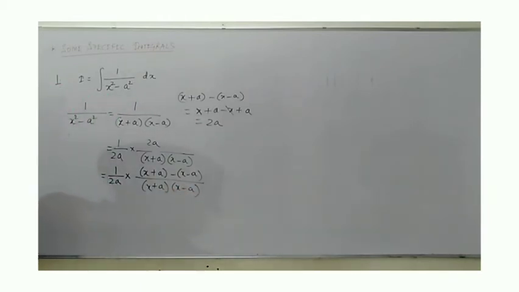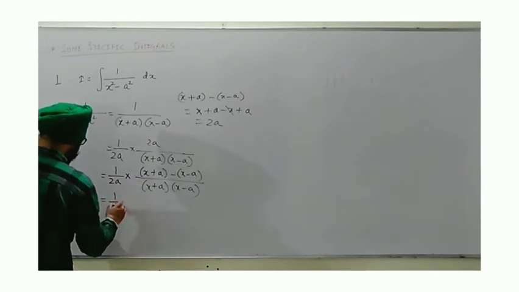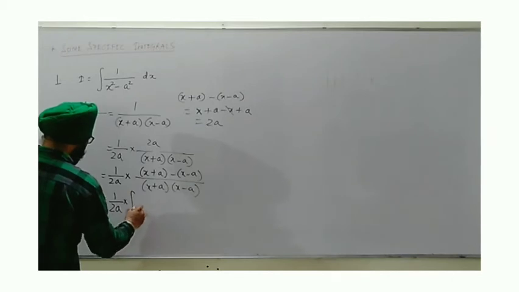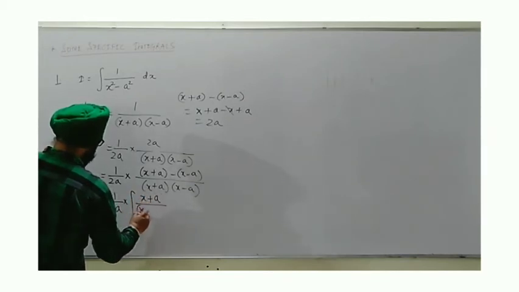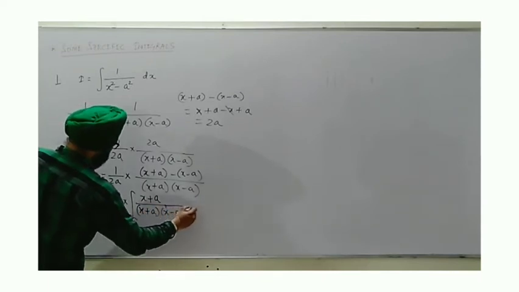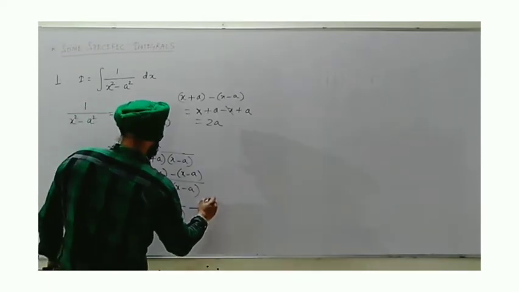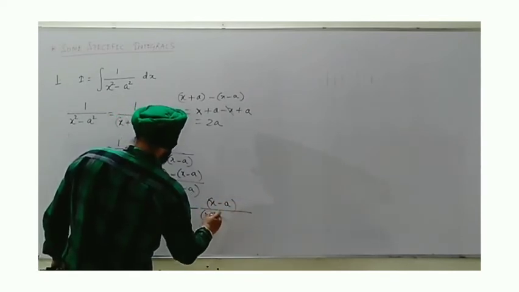Now, the numerator being a difference, it can be written separately with each term. So we get 1 upon 2a into x plus a upon the product in the denominator, minus x minus a and the same product in the denominator.